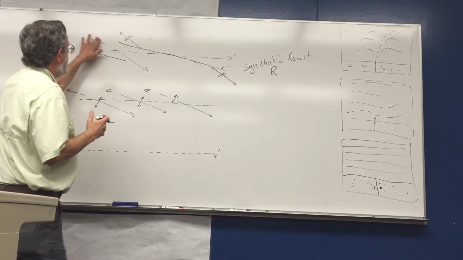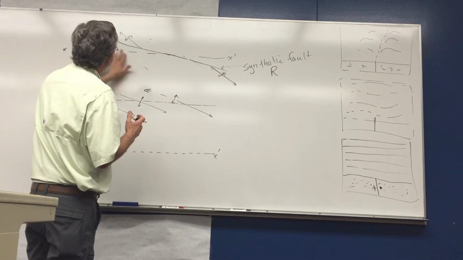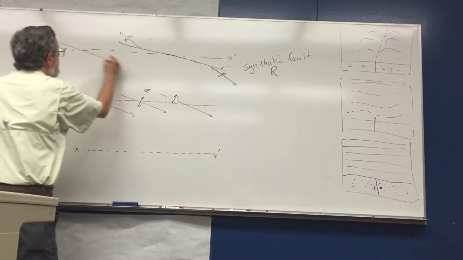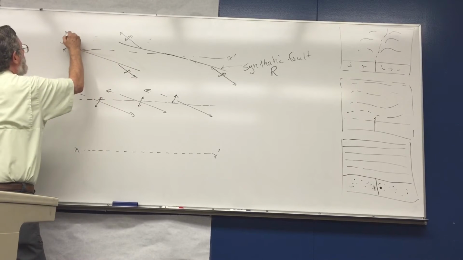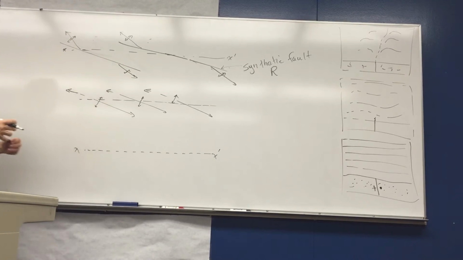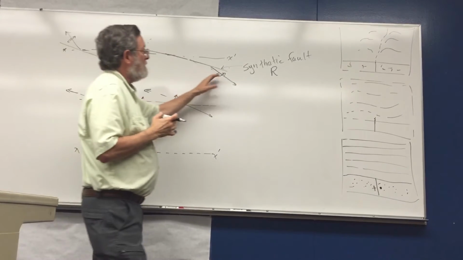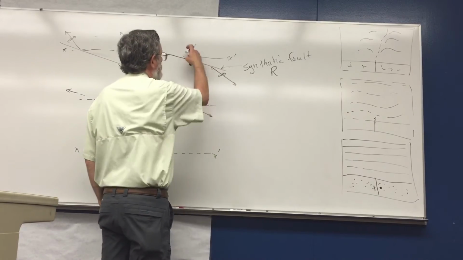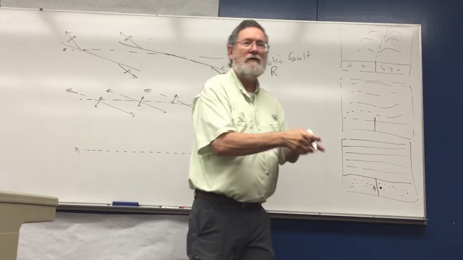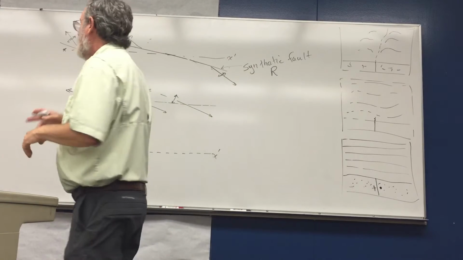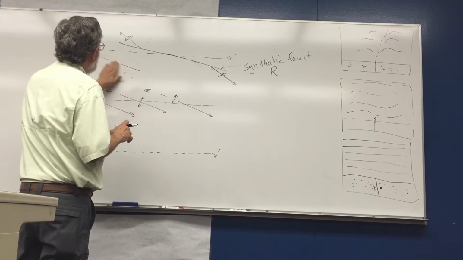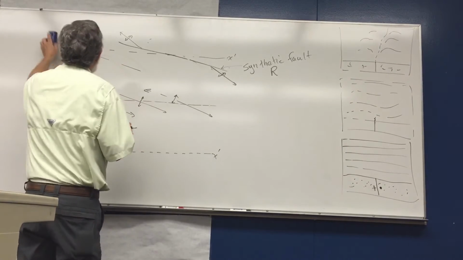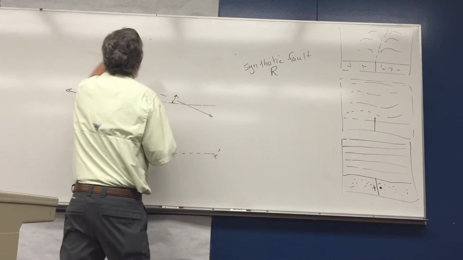So our folds, if I can modify this diagram a little bit, then we will have our folds getting offset on these systems. Okay? So in this particular setting, our folds are going to get dissected, they're going to get shifted in this particular system, and this sense of displacement is going to, actually, let me modify this so it looks a little bit better for you.